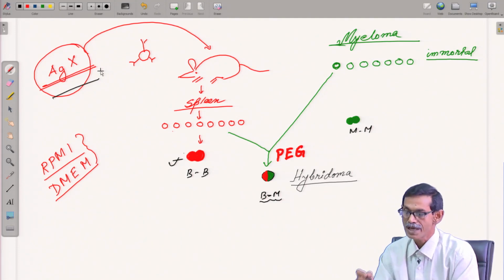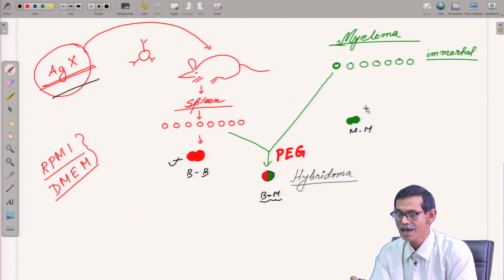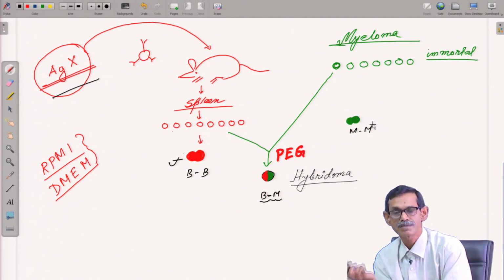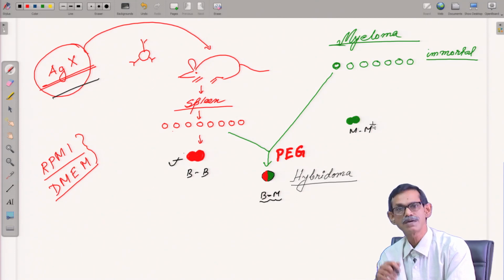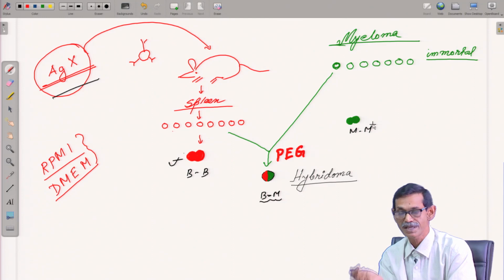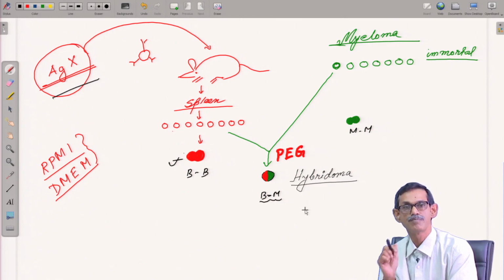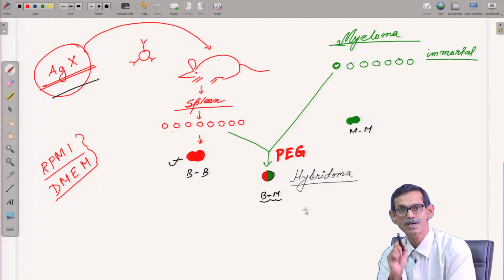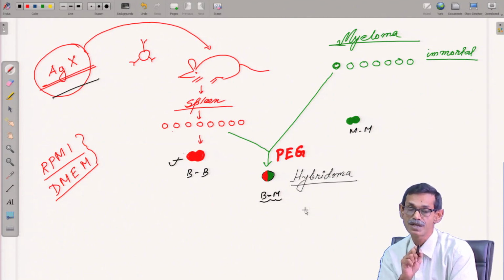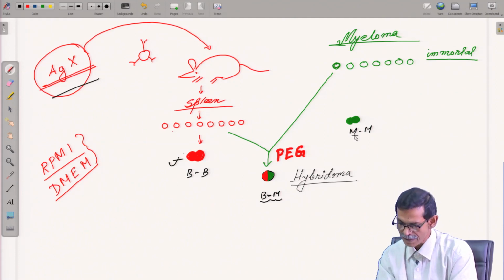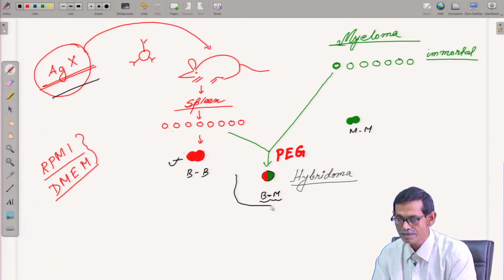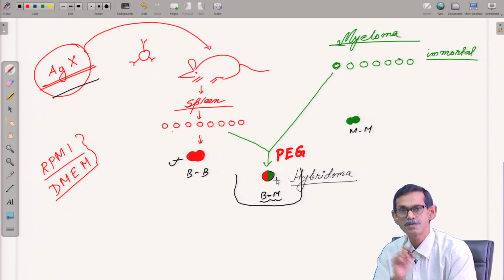And if you have a mixture with myeloma, it will make the system even tougher. So, what do we have to do? We have to figure out something so that they will not survive. So, now we will put them in a medium where only this cell will survive.